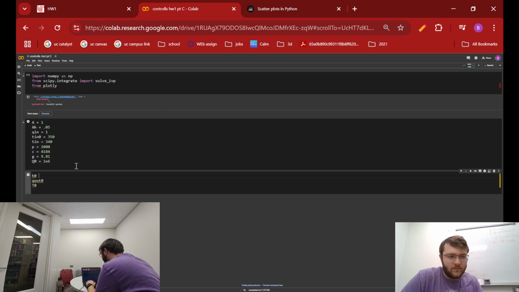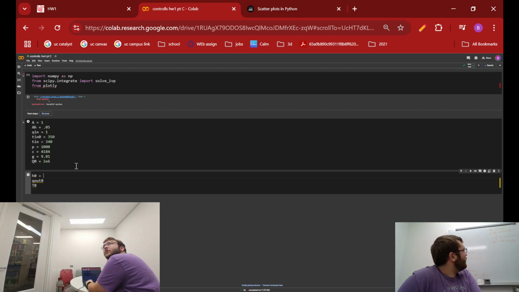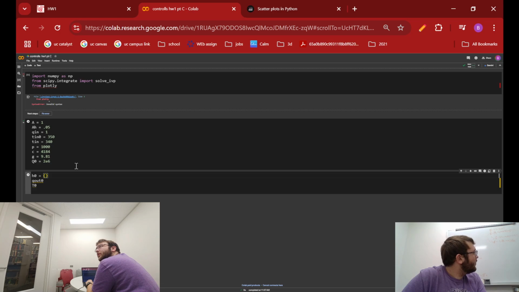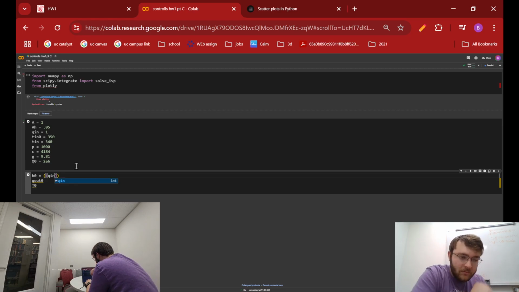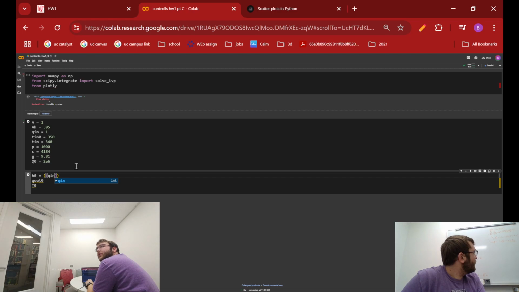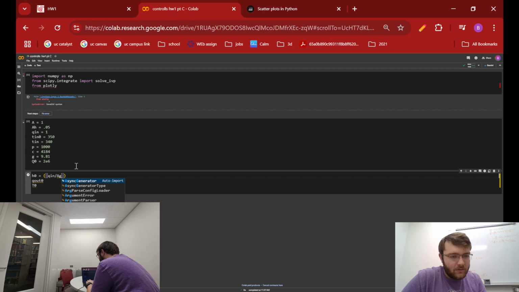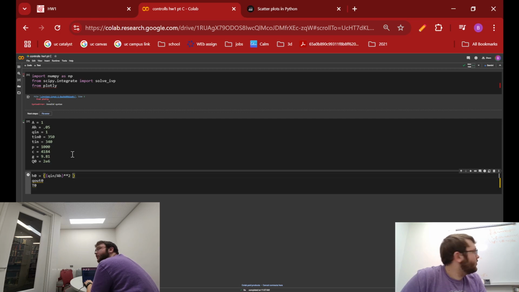H naught is going to be equal to Qn divided by AH, squared, divided by 2g.